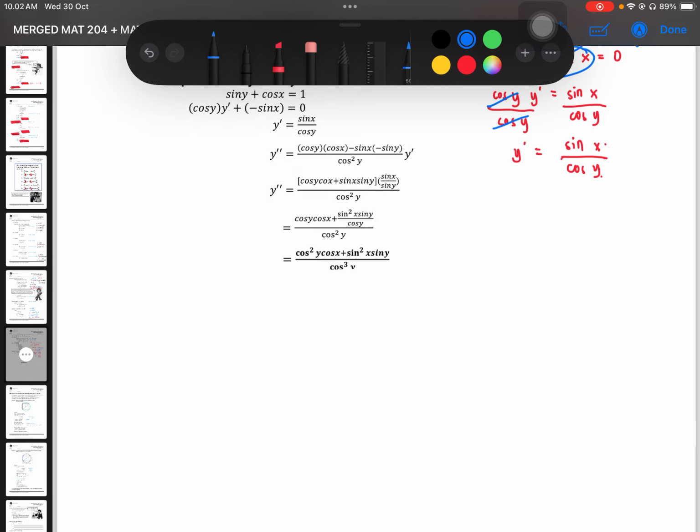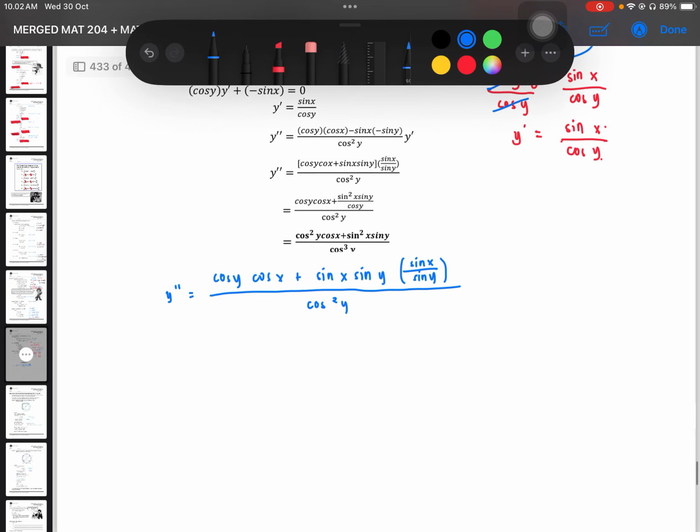Okay, so, di ba meron naman ako nasulat doon? We have y double prime is equal to, ano yung nakuha natin doon? We have cosine y, cosine x, plus sine x, sine y, then multiplied by sine x over cosine y, all over cosine squared y. Okay.